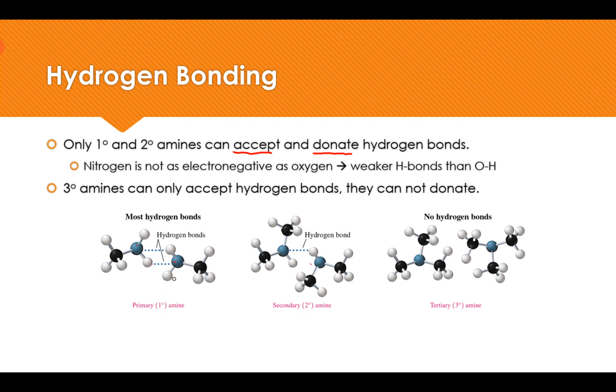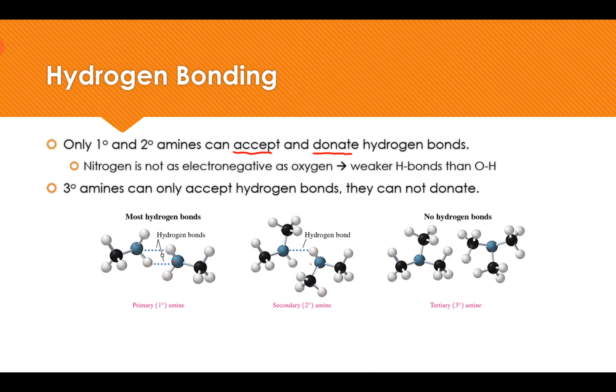Another thing to note is that nitrogen is not as electronegative as oxygen, and so the hydrogen bonds here between molecules are not as strong as the hydrogen bonds between alcohol molecules. Hydrogen bonds formed between oxygen and hydrogen are going to be stronger hydrogen bonds than between nitrogen and hydrogen.